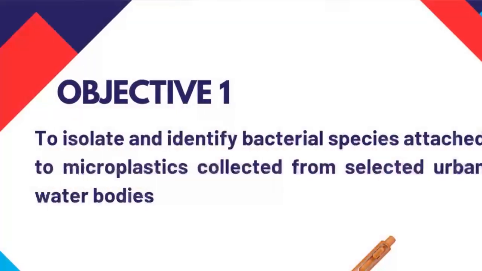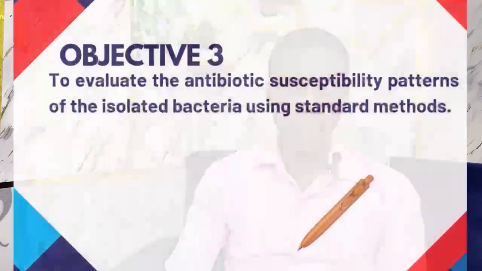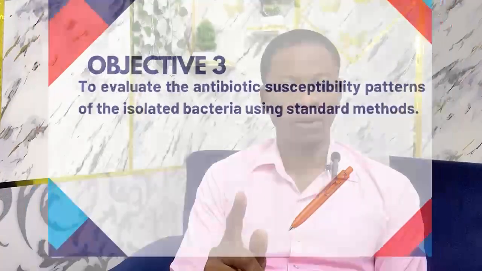We have 5 objectives, of which 2 is this: to determine the total microbial load, that is bacterial counts, on microplastic surfaces. Then objective is to evaluate the antibiotic susceptibility patterns of the isolated bacteria using standard methods.